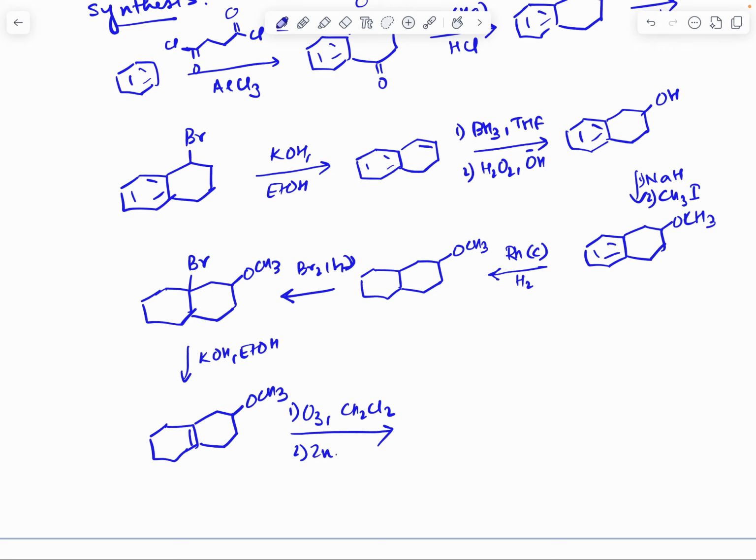Step 2, you could use zinc and acetic acid. And basically, you'd end up with a double bond O out here, double bond O out there.